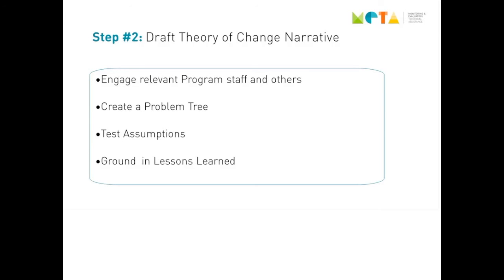And the other part of this was definitely creating a problem tree to really look at what is our causal logic at the different levels. So the day-to-day work doesn't always equate to, or one project doesn't always equate to meeting our goal if our organizational goal is a 5 to 7 year goal. So where do we need to start?